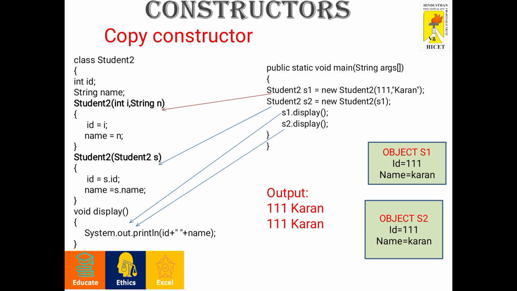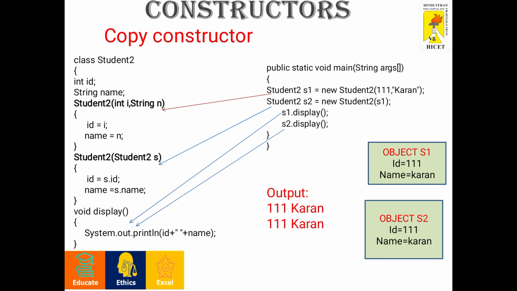And the second statement, student2 s2 = new student2(s1). Here there is only one argument, an object, so it will call the second constructor and assign the values of s1 to s2.